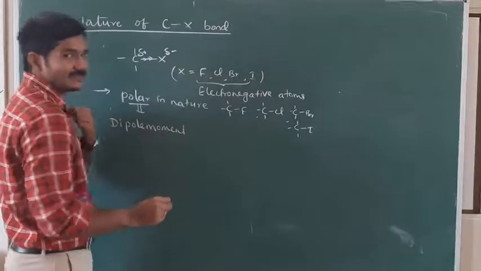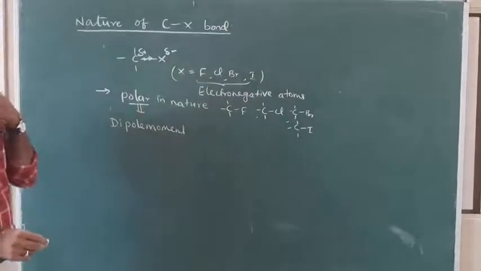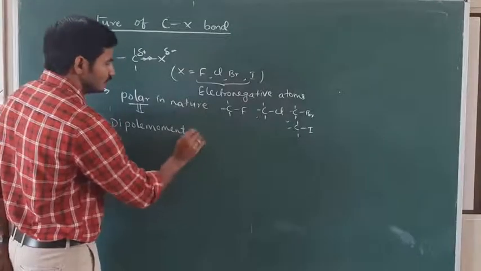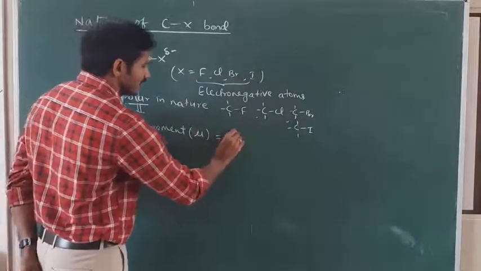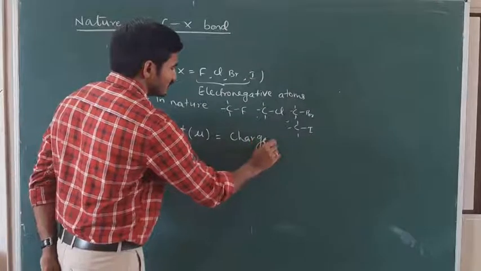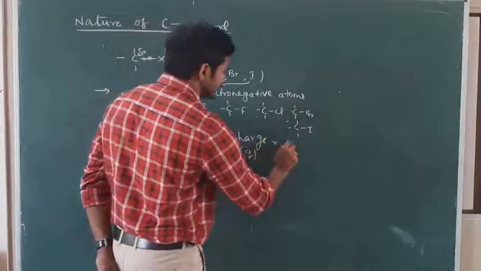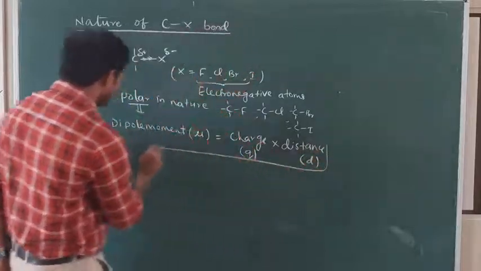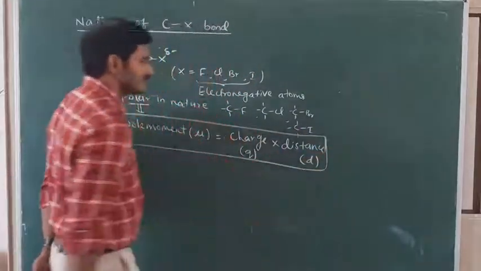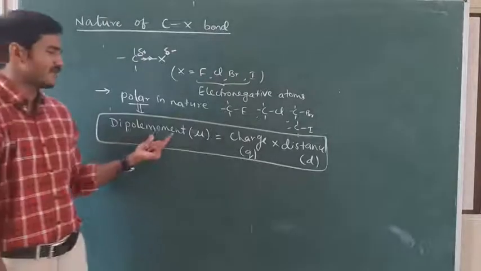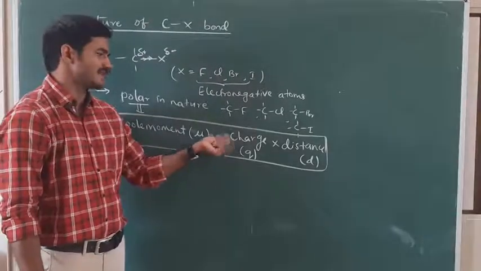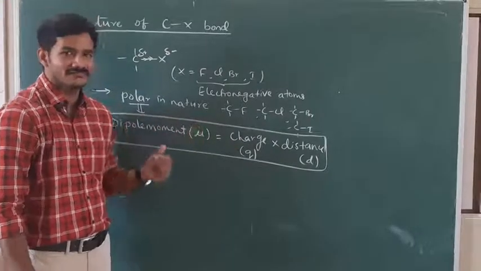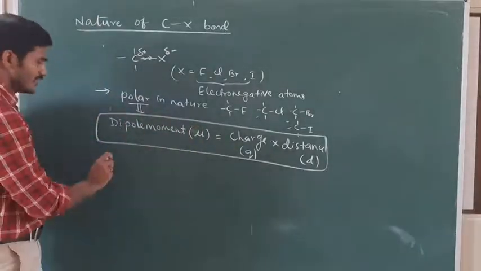Dipole moment, mu, is equal to charge q into distance d. It is a combined factor, meaning we cannot see charge alone or distance alone and decide the polarity. We have to consider two factors.